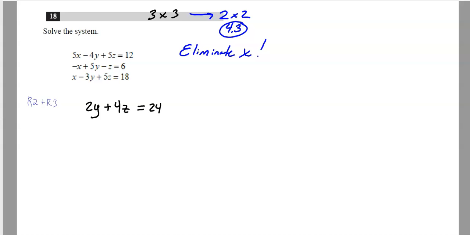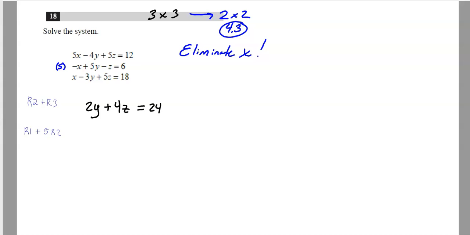And now I need to use 2 different rows, either 1 and 3 or 1 and 2, to get rid of x again. The easiest way, maybe, is to multiply this row by 5, and then I'll add 1 and 2 together. So I'm going to add row 1 plus 5 times row 2.